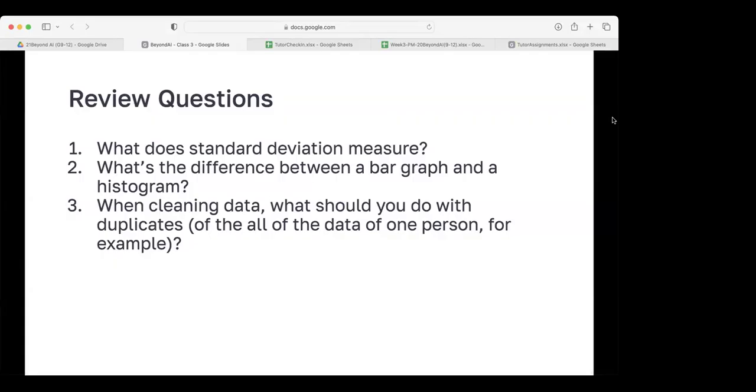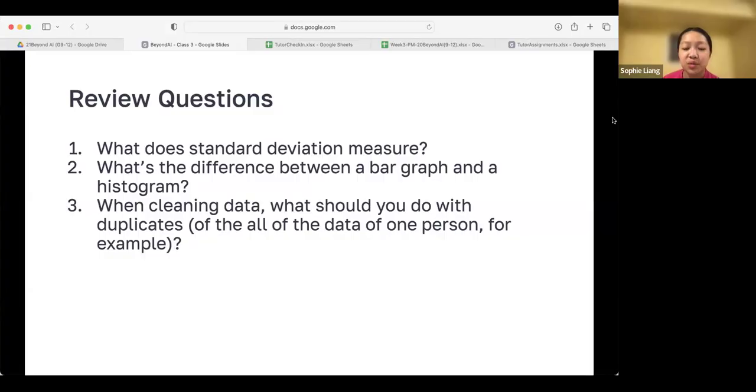It's just a bar graph, but the bars are attached to each other. Yeah, that's a good way of putting it. So a histogram is all continuous, so it's like one range that you split up into different sections, and a bar graph is distinct categories that do not have to be in any order.